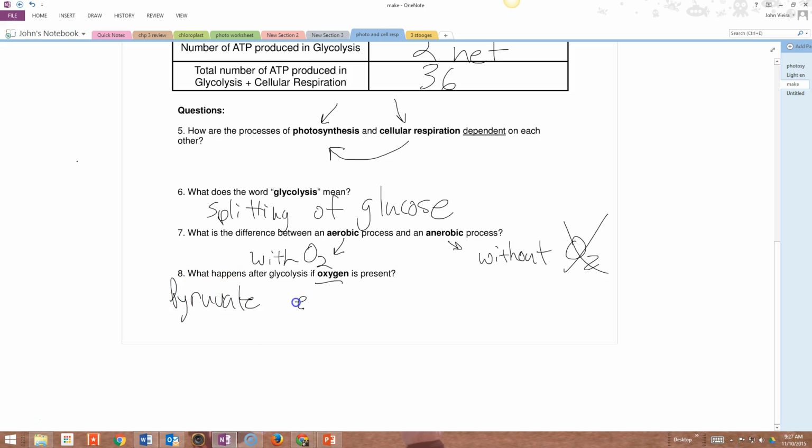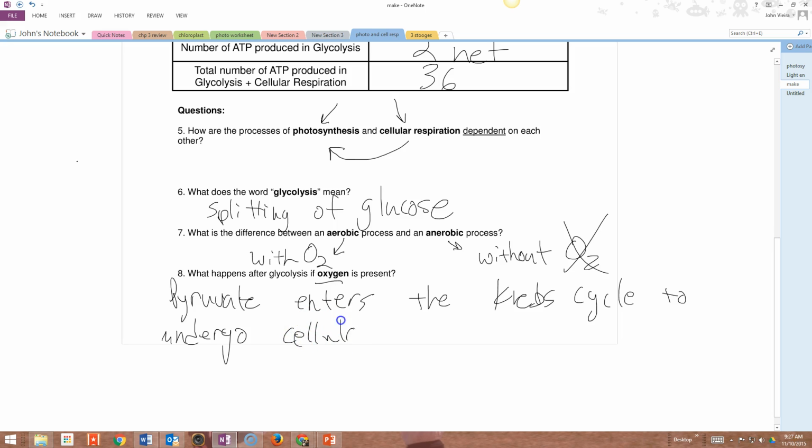Pyruvate enters the Krebs cycle to undergo cellular respiration. Got it? Last one. Bam.